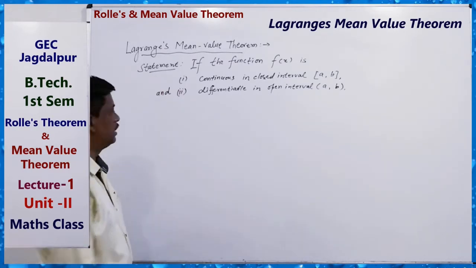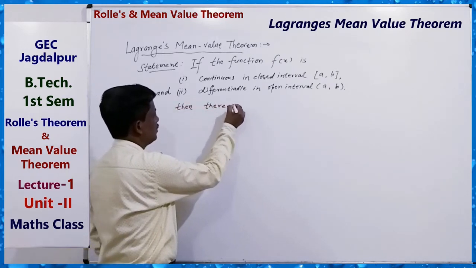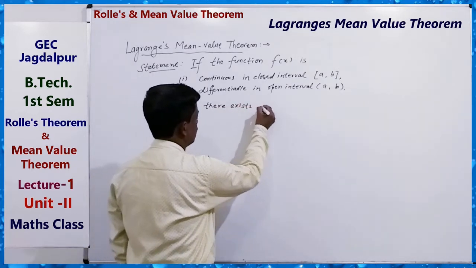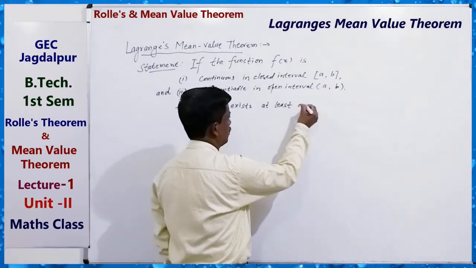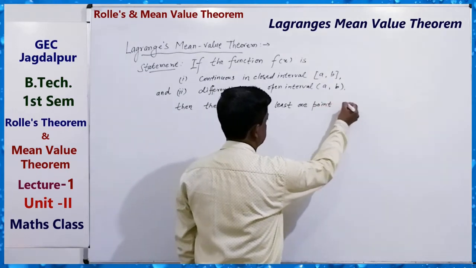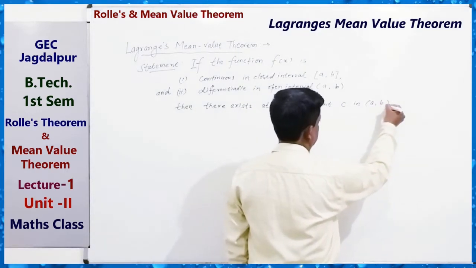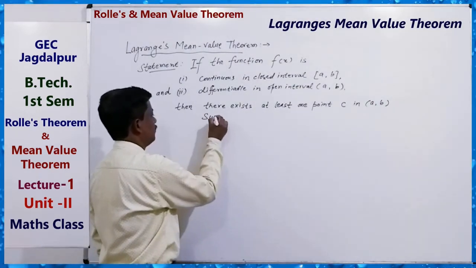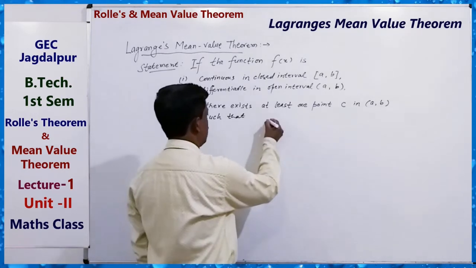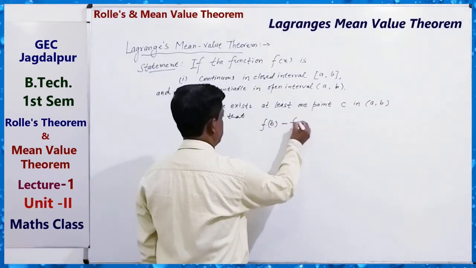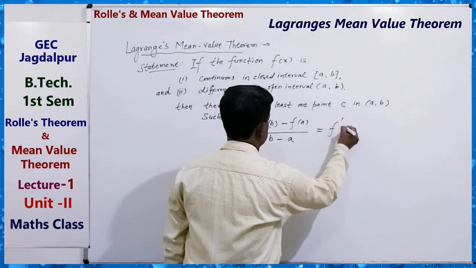Here the statement is: there exists at least one point c in (a, b) such that (f(b) minus f(a)) upon (b minus a) equals f dash c.